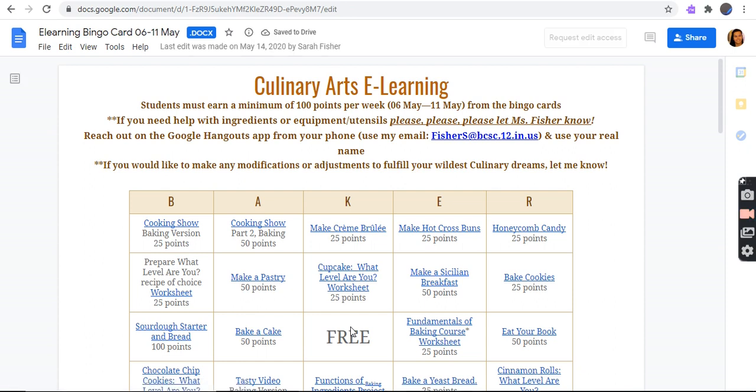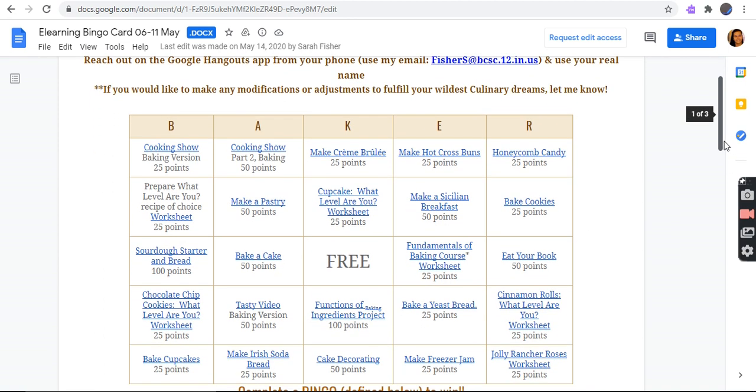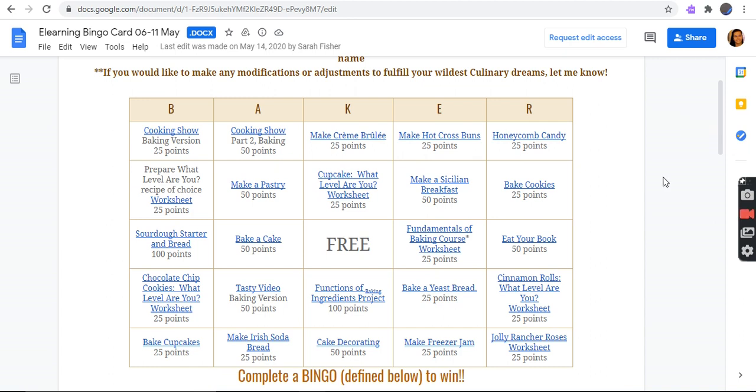6 for 11. Okay, so please let Miss Fisher know if you need help with ingredients or equipment, if you're in her class. If you'd like to make any modifications or adjustments to fulfill your wildest culinary dreams, let me know. Baker. Cooking show baking version. Cooking show part 2. Making creme brulee. Making hot cross buns. Honeycomb candy. Prepare your recipe of choice. Make a pastry. Cupcake. Make a Sicilian breakfast. Bake cookies.